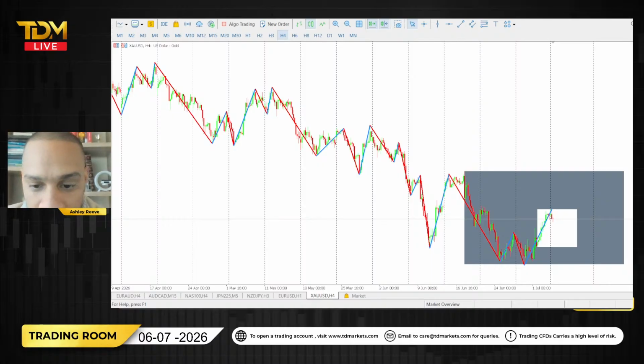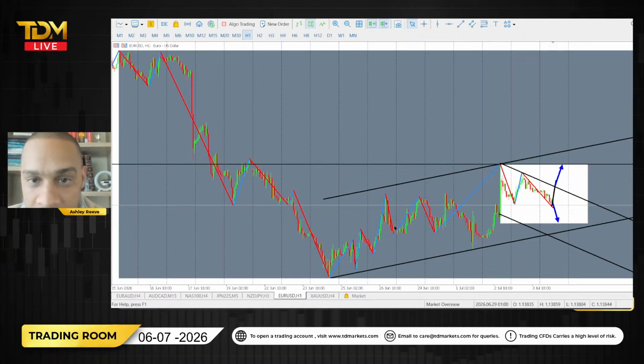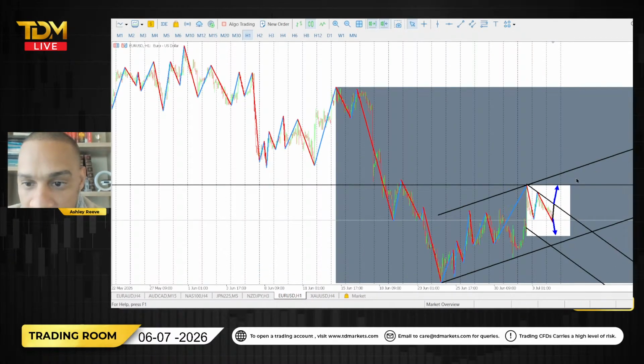All right. So from a gold perspective and a Euro USD perspective, they are looking pretty similar here. There is some momentum to the upside. We are experiencing an opposite movement here, from that impulse to the upside. Remember, this was a high. That is a higher high. And this is now the correction of that.